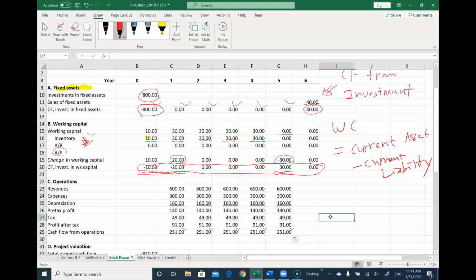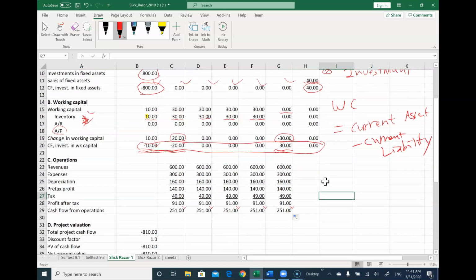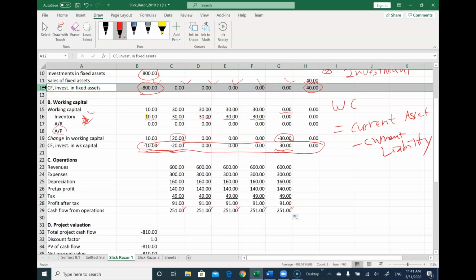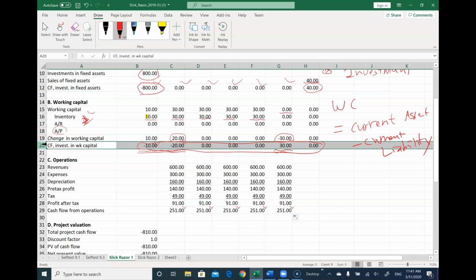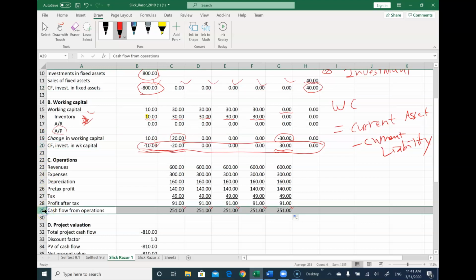So the free cash flow that we have to use to calculate the cash flow generated by an investment project, all that we have to do is to add all three: the cash flow from investment activity, cash flow from the investment in the working capital, and cash flow from the rest of the operation.